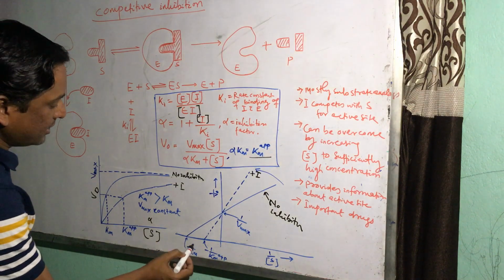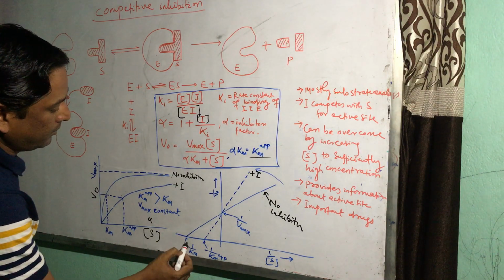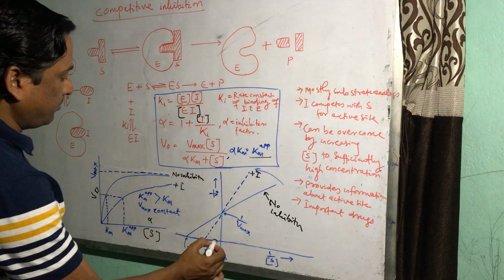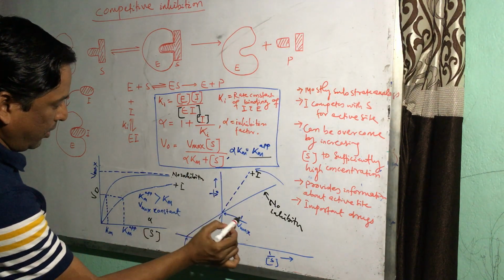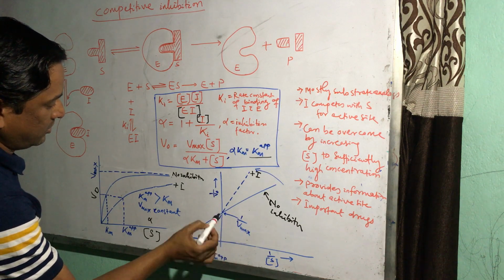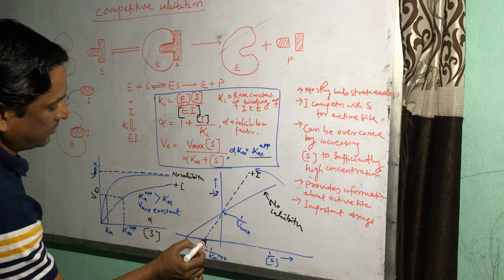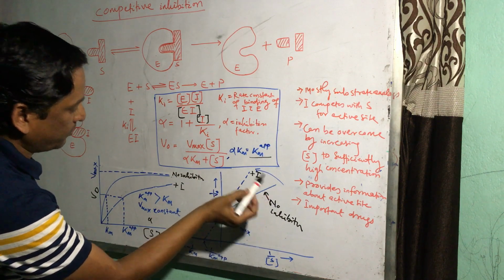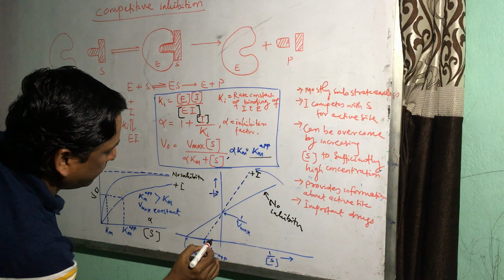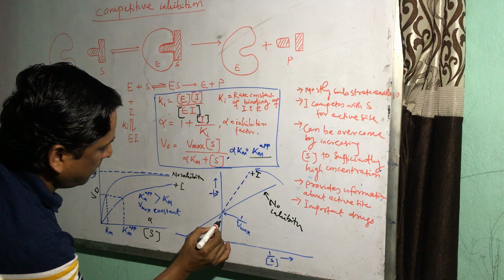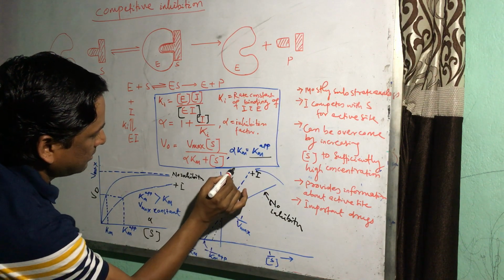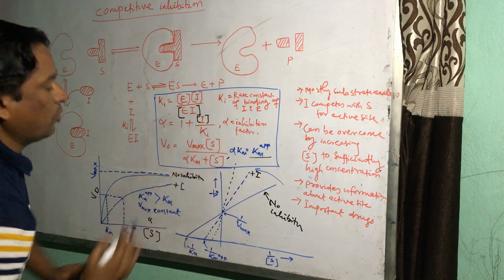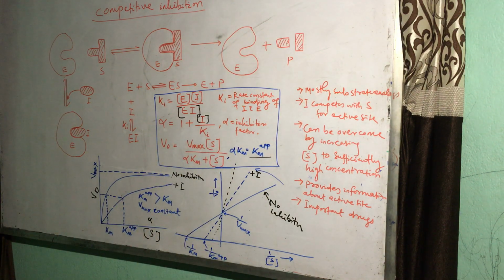When Km increases, minus 1 by Km is shifted towards the right of this line, whereas Vmax doesn't change, so all the lines cross here. In the presence of increasing concentration of inhibitor, the lines always move like this. They are more inclined towards the y-axis.